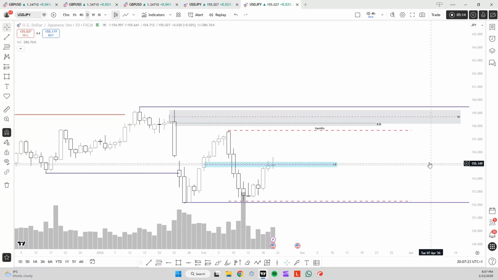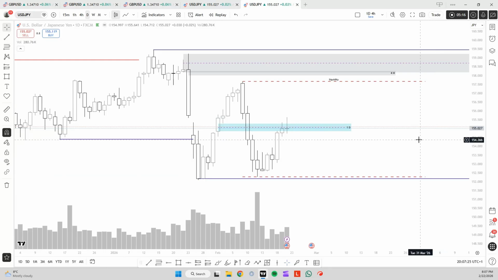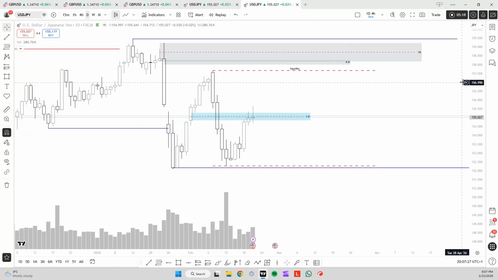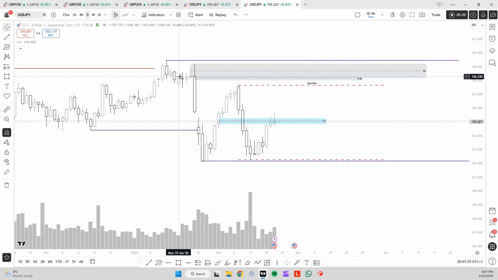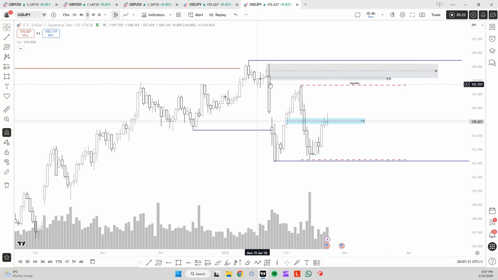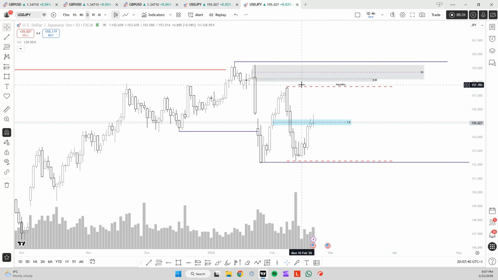So moving a little bit lower on the daily, what I've noticed is that right here in the extreme of the zone is this order block, right? And it has plenty of liquidity for sure from this high.